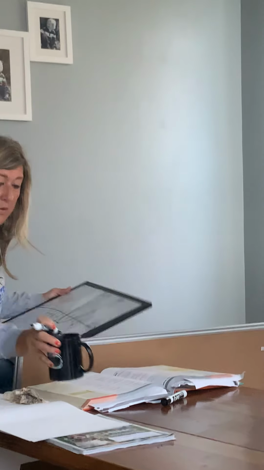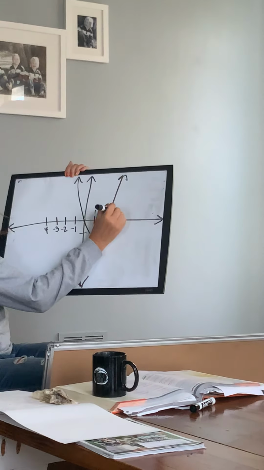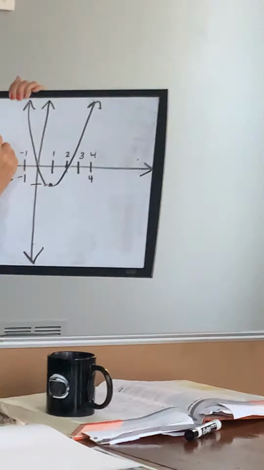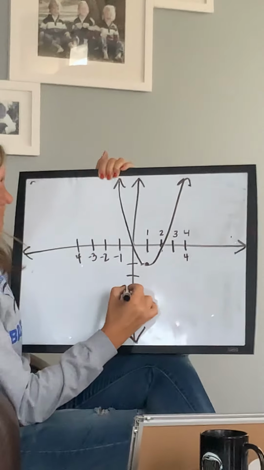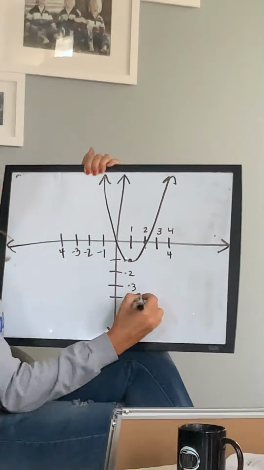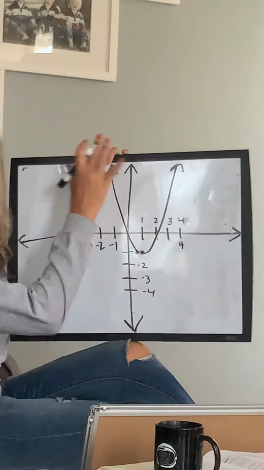I don't know, Evan, if you can zoom in a little bit on here. So we already had those. Okay, and then we have negative 1, negative 2.